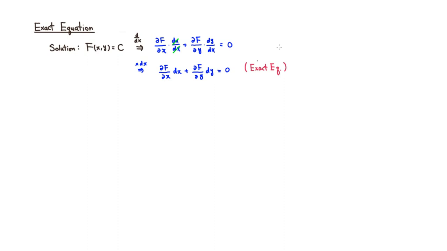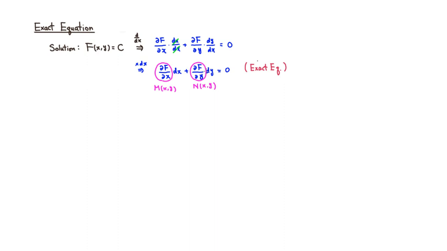Then what we want is some way to recognize an exact equation. In general, this part is going to be written as a function of x and y, and this other part is also going to be some function of x and y, so I'm going to call it N(x, y).